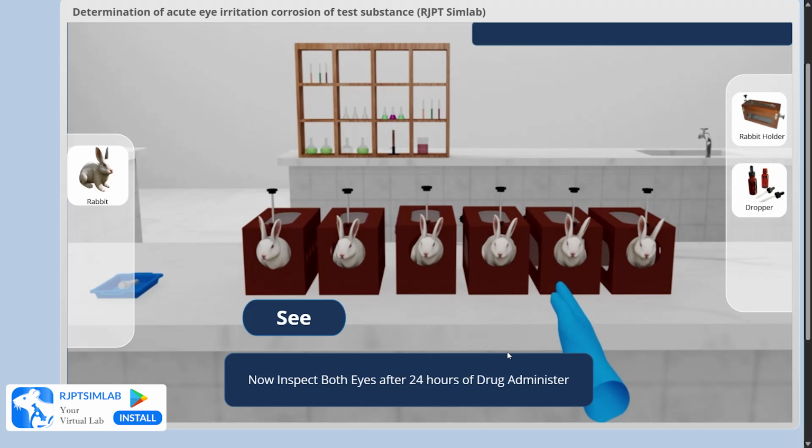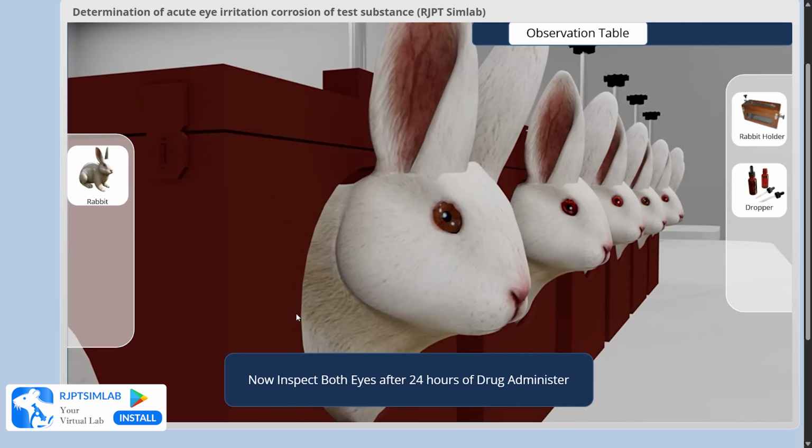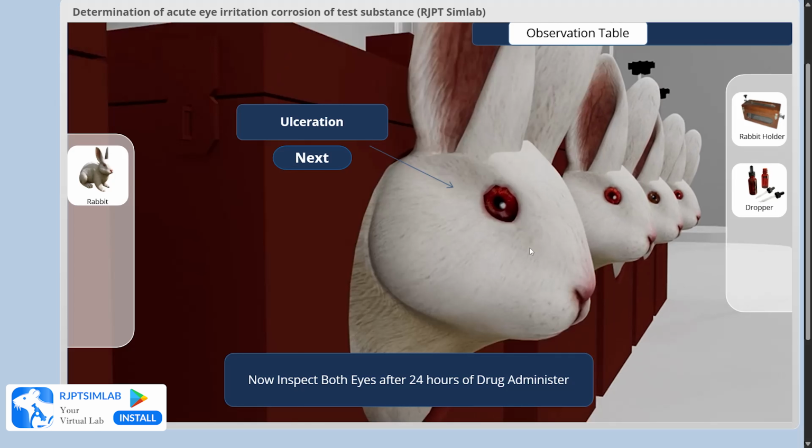So now 24 hours have passed. Now we will observe the effect of the test drug on these six different rabbits. As we can see here, on the first rabbit we have observed opacity of the cornea, which means cloudiness has appeared on the cornea of the rabbit. On the second rabbit, we have observed ulceration, which means opening of sores on the surface of the eye.